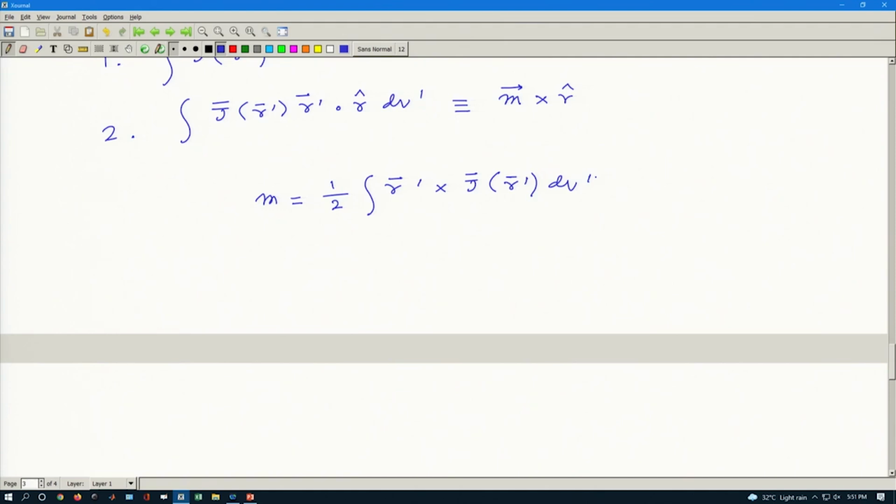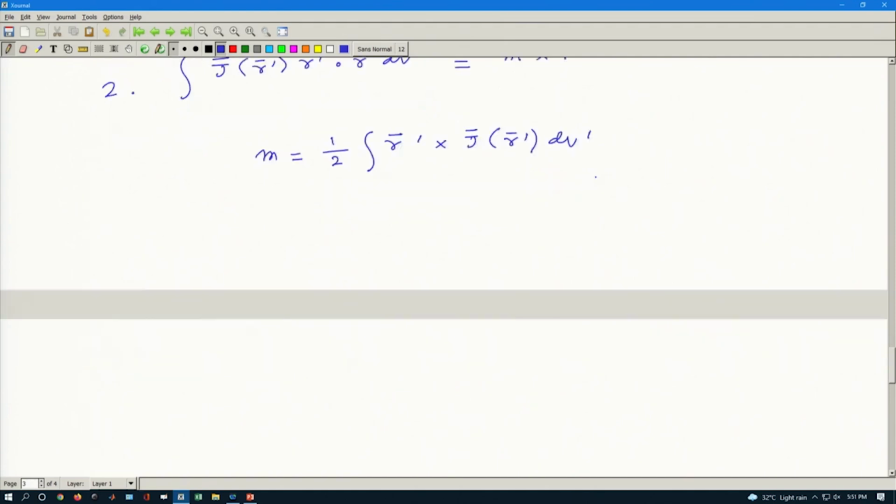So, this basically gives me this expression, and I should have a vector sign here.